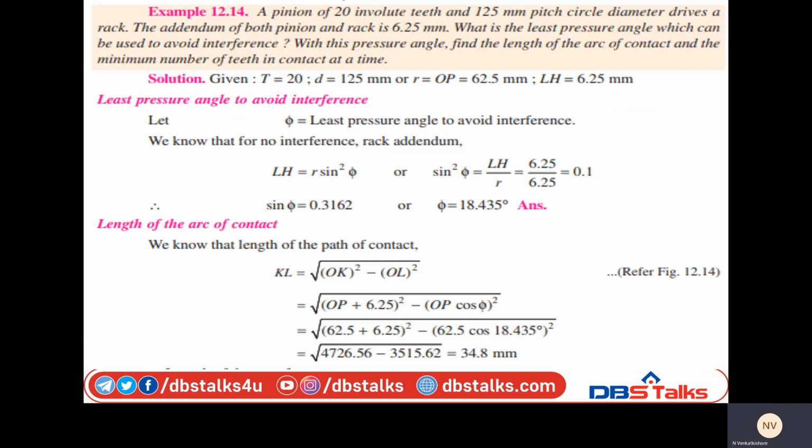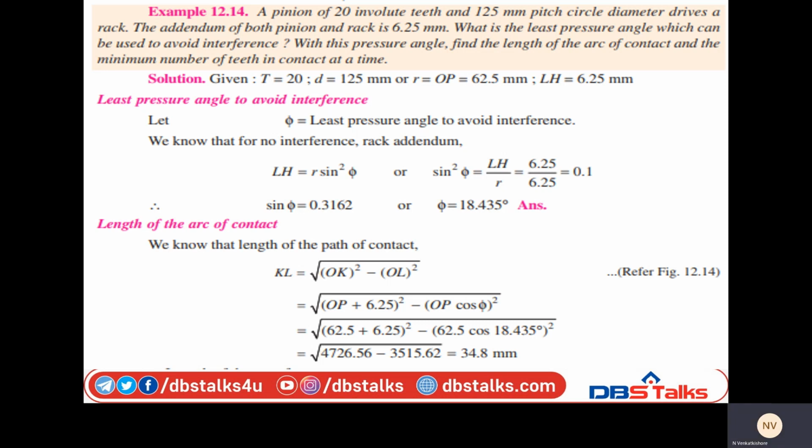So further we are solving the problem on this. A pinion of 20 involute teeth and 125 mm pitch circle diameter drives a rack, and the addendum of both pinion and the rack is 6.25 mm. What is the least pressure angle which can be used to avoid interference?